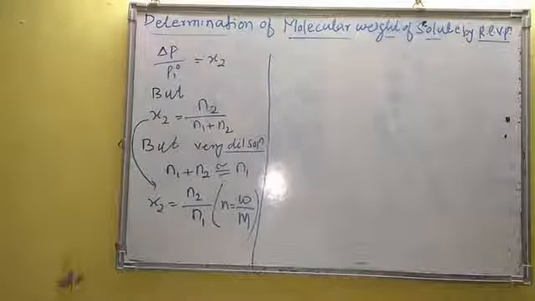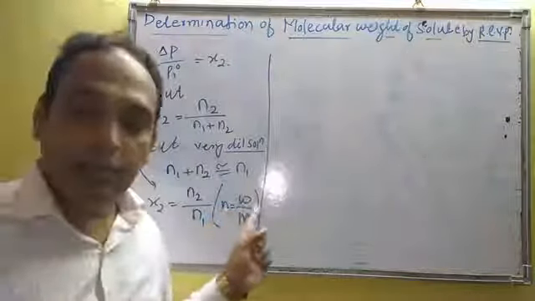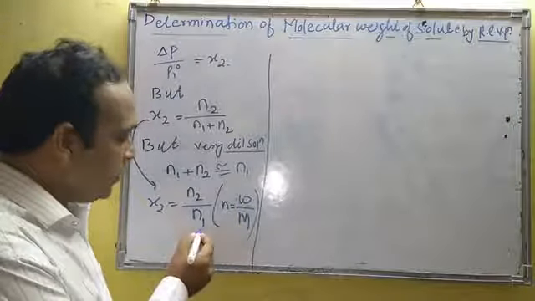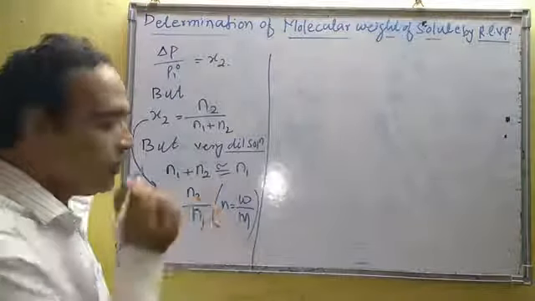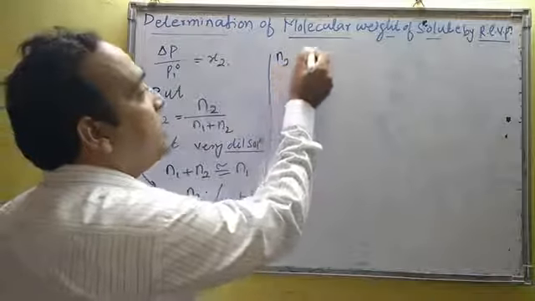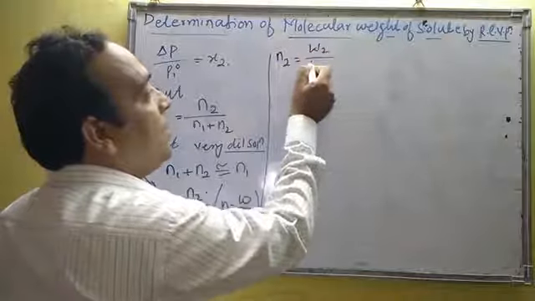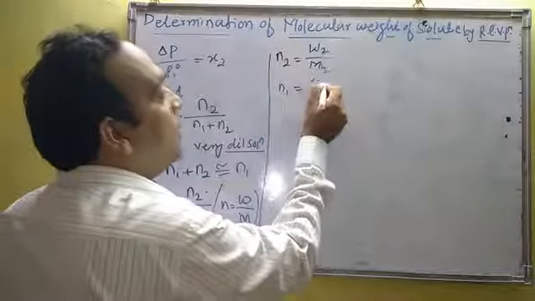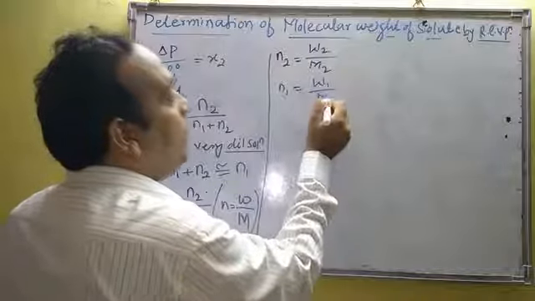Okay, so what is the number of moles? Number of moles is the weight upon molecular weight. Now here, number of moles of solvent and number of moles of solute. So according to that, we can write n2 is equal to W2 upon M2 and n1 is equal to W1 upon M1.